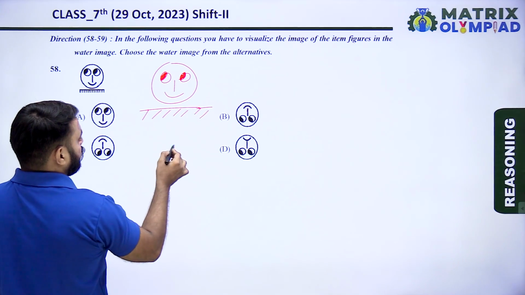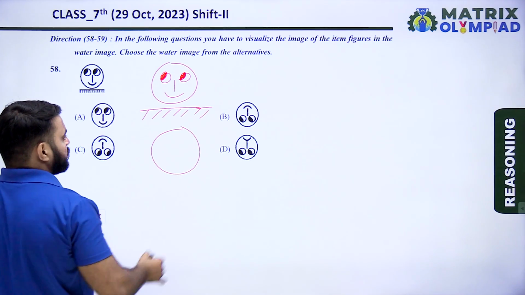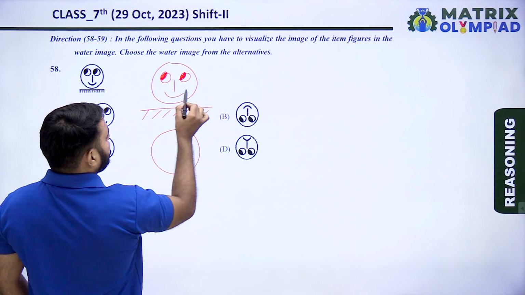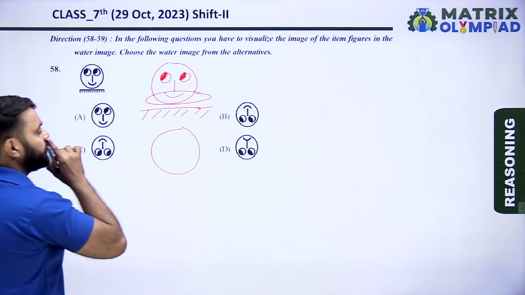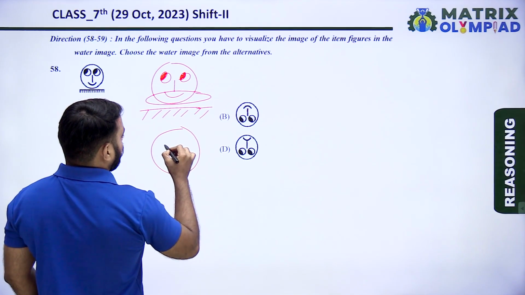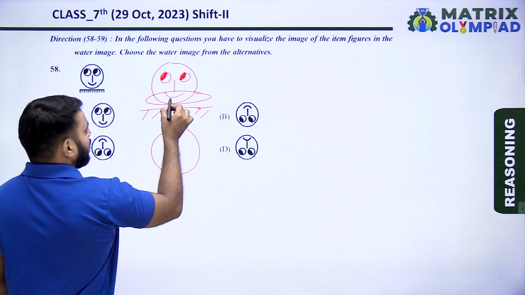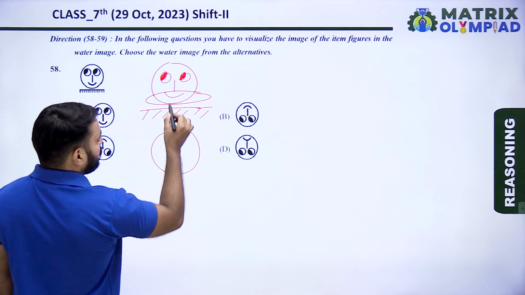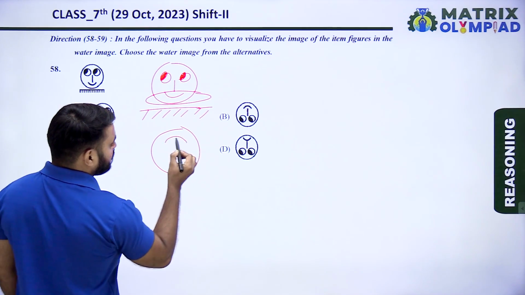The water image of the given figure looks like as follows. This part is near to the water, so it will remain near the water in the water image. So first find the water image of this part.